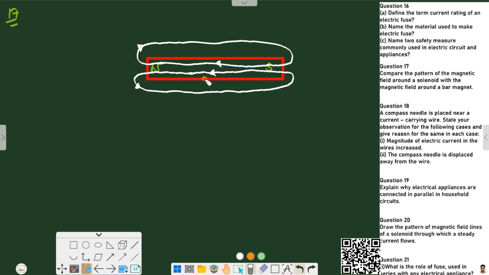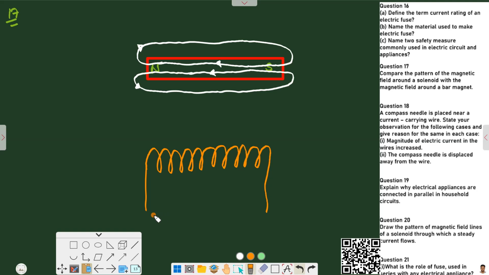So this is the case for our bar magnet, and if we decide to take it for a solenoid, this is the solenoid we have. Now we have to connect it to electricity. So we have connected it to a battery with some resistance R. Why do we use resistance? Because we want to control the current.